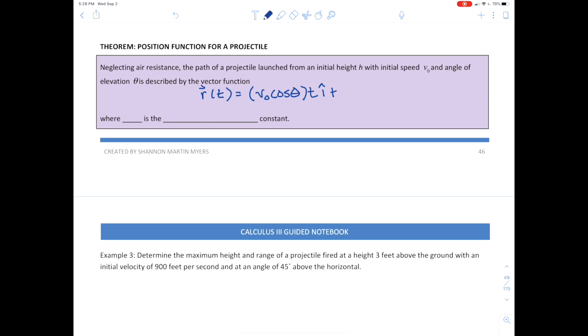plus h plus v0 sine theta times t minus 1/2 g for gravity times t squared, and that's times j, where g is the gravitational constant.